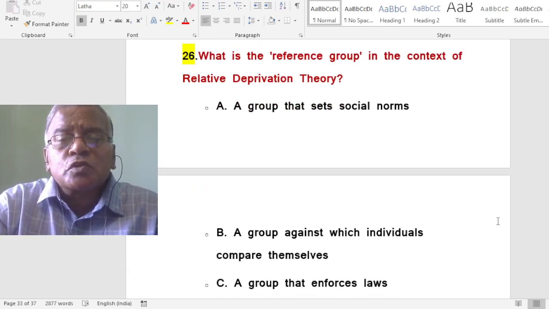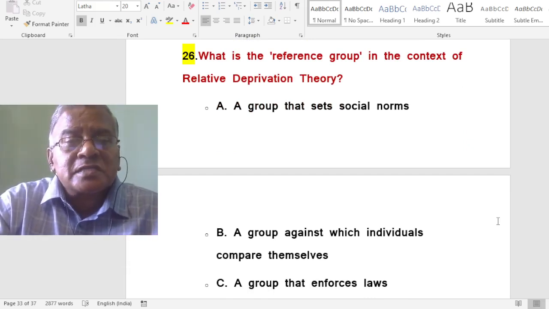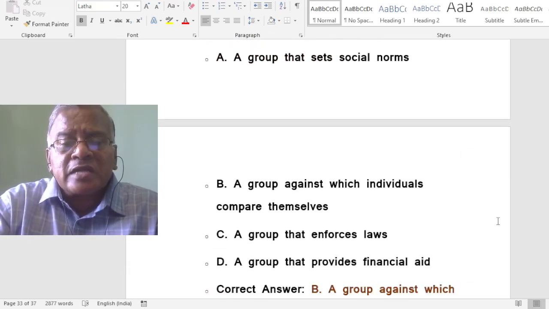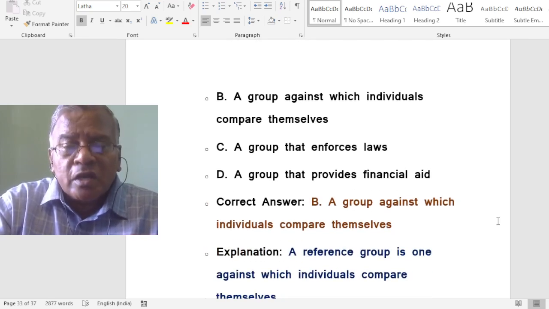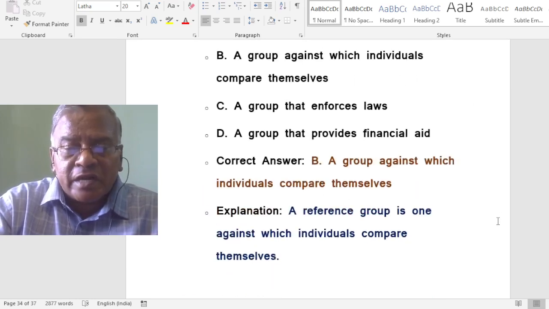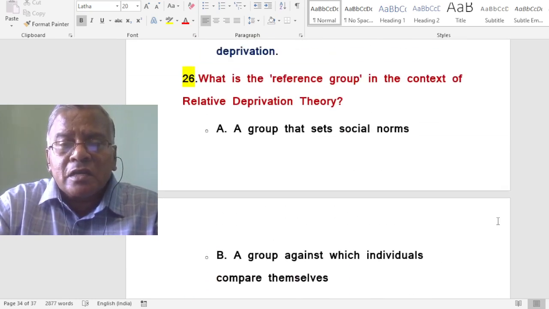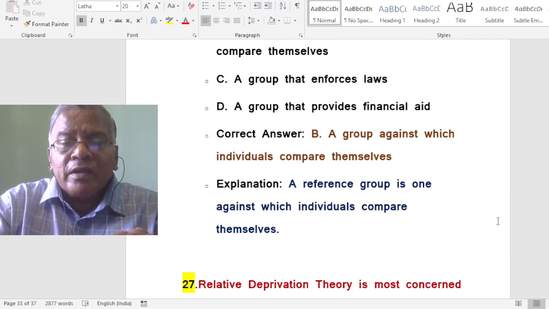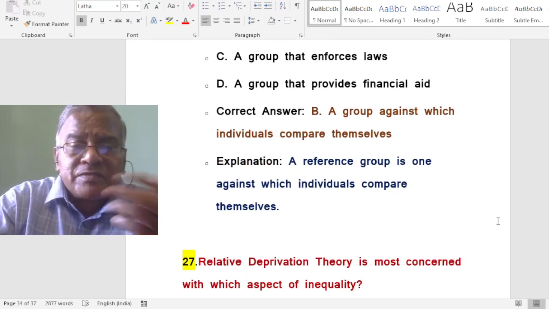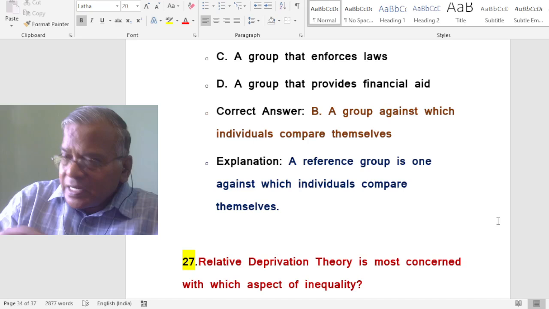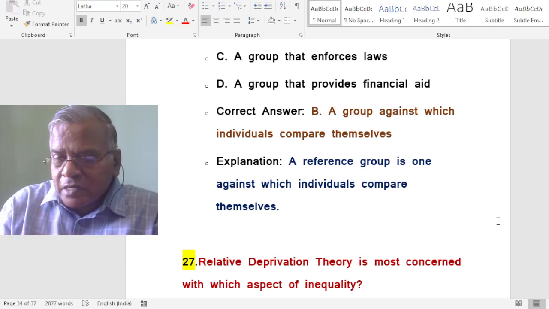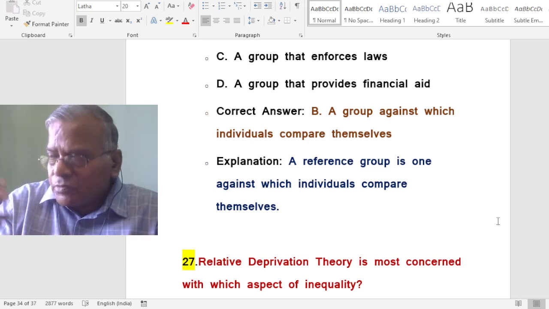What is the reference group in the context of relative deprivation theory? A group that sets the social norms, a group against which individuals compare themselves, a group that enforces laws, a group that provides financial aid. What is the answer? The reference group is the group against which individuals compare themselves. One particular group feels that they are deprived of certain benefits. They feel that another group gets more and more.